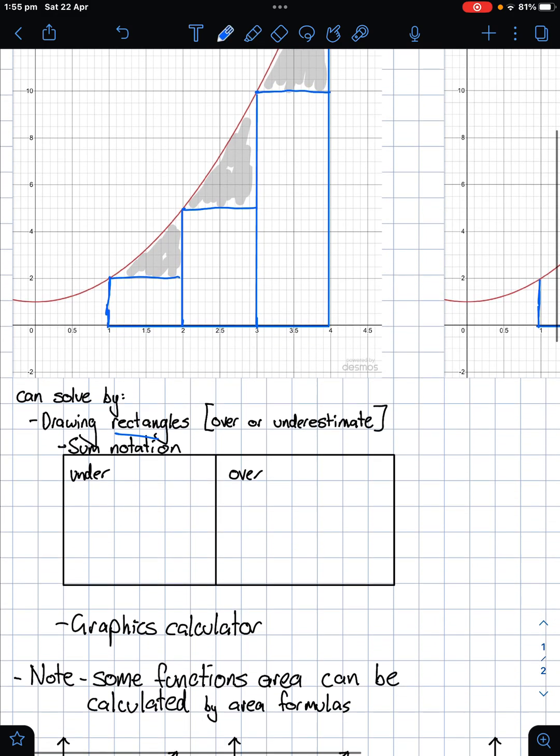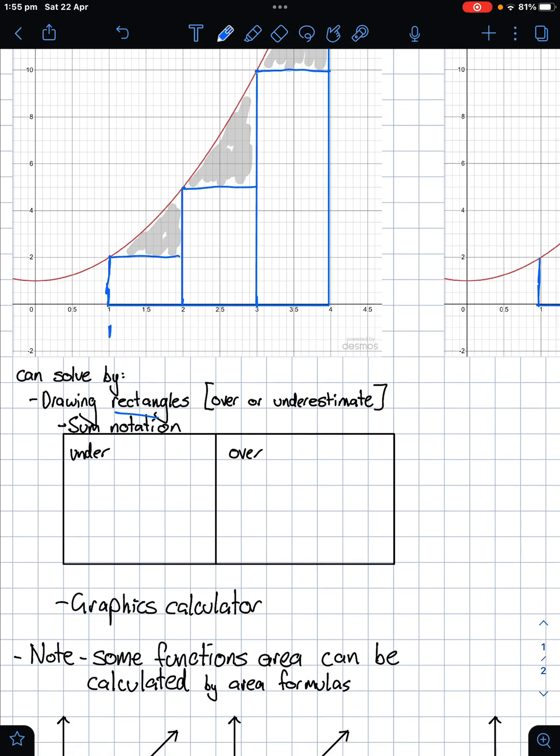Now, you'll notice here that each of my rectangles, I've picked quite strategically, is 1 unit apart. So if I'm going to calculate these, I will be calculating 1 times something plus 1 times something plus 1 times something.